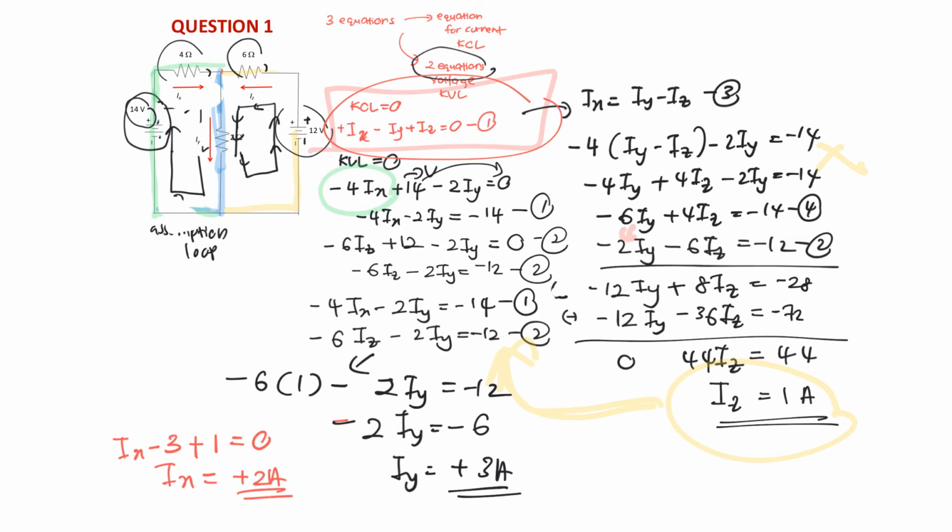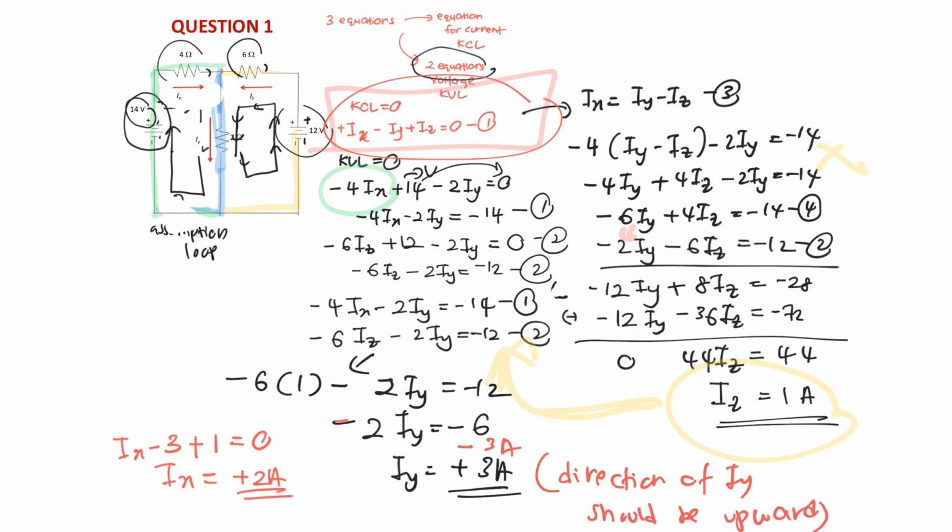Okay, but if you get negative over here, for example, if I get negative 3 ampere, you need to give a statement. The question gave you iy as downward, so you should put over there: direction of iy should be upward.